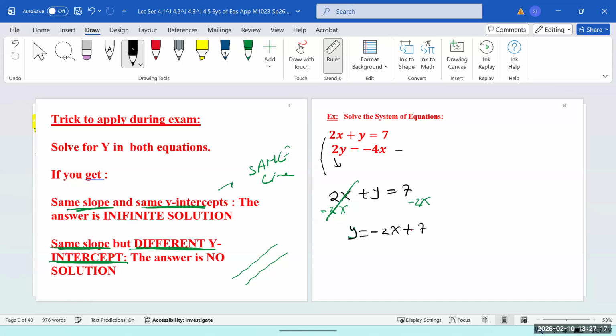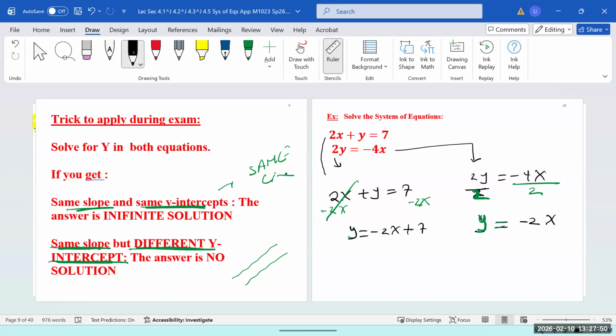And you have to divide by positive 2, because 2 doesn't have any negative sign in the front. So divide by positive 2. Y equals negative 2x. 1 is invisible in the denominator.